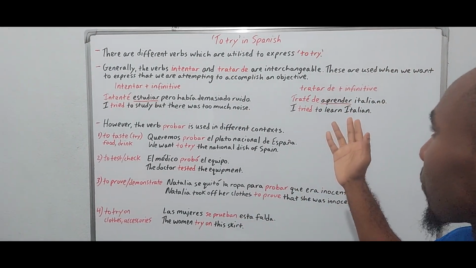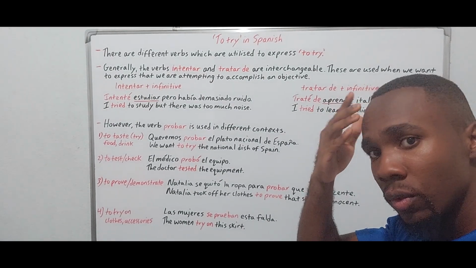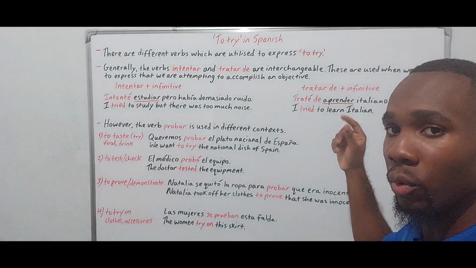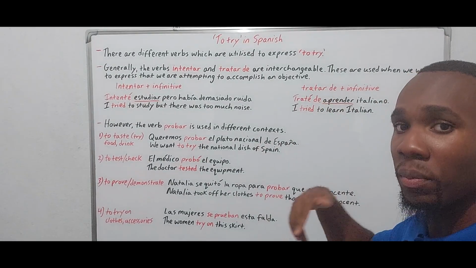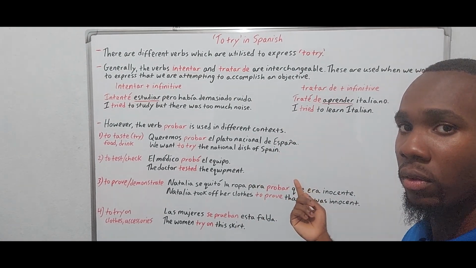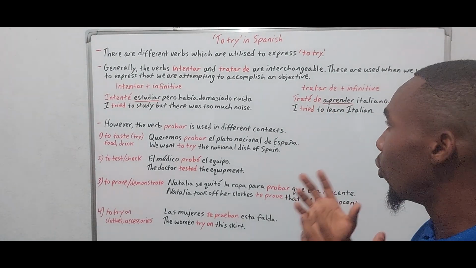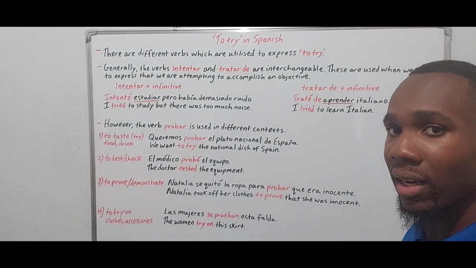Similarly, we have tratar de, which needs to be followed by, before you even get to the infinitive, tratar must be followed by the preposition de, then the infinitive, right? So the de is very important because if we omit the de and we use tratar by itself, it can have another meaning.